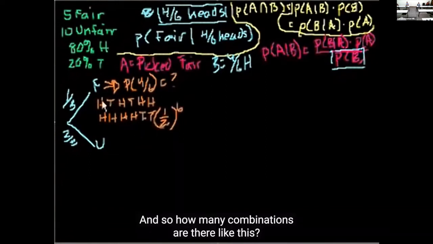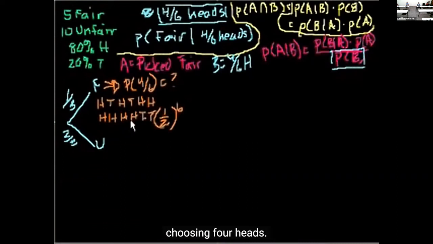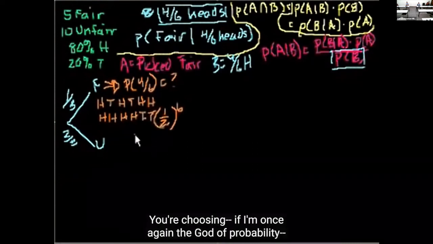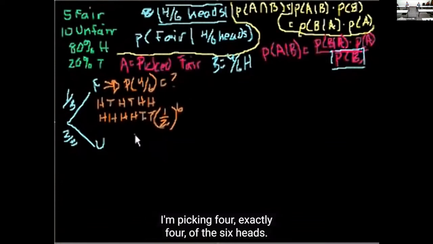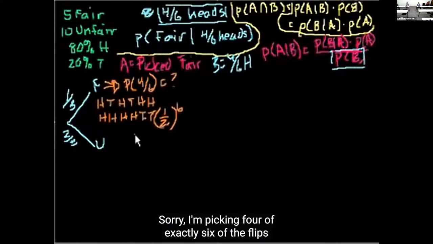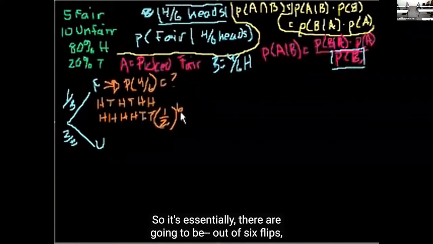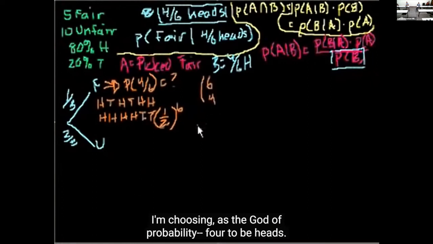And so how many combinations are there like this, where out of the 6 flips, you're essentially choosing 4 heads? If I am once again the god of probability, I am picking exactly 4 of the 6 flips to end up heads, right? I'm choosing which of the flips get selected, so to speak. So out of 6 flips, I'm choosing 4 to be heads.